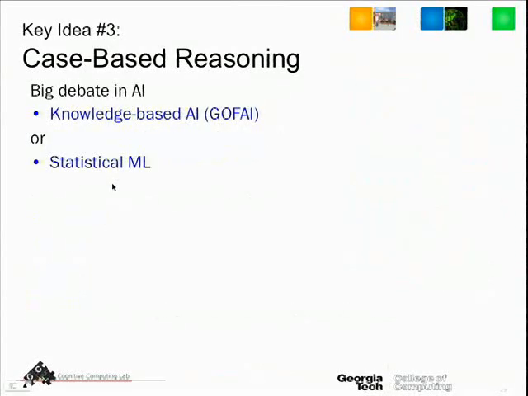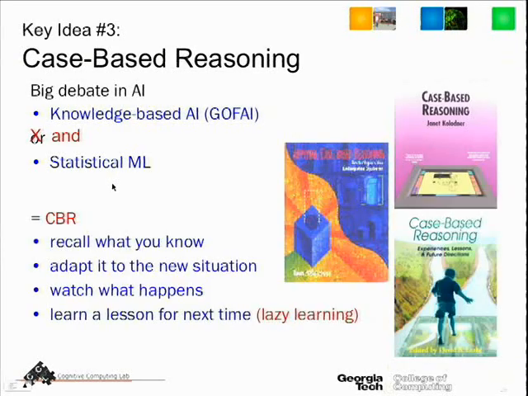Okay. And the third key idea is case-based reasoning. Again, going back to this sort of dichotomy between GOFAI, what's called good old-fashioned AI, and statistical machine learning. Is it knowledge-based or is it statistical? The case-based reasoning really pushes the idea that it's not an or, it's an and. It's both of them, right? And these are some of the authors you probably recognize in this area if you know CBR. The basic idea is that we have this repertoire of experiences that an agent has.